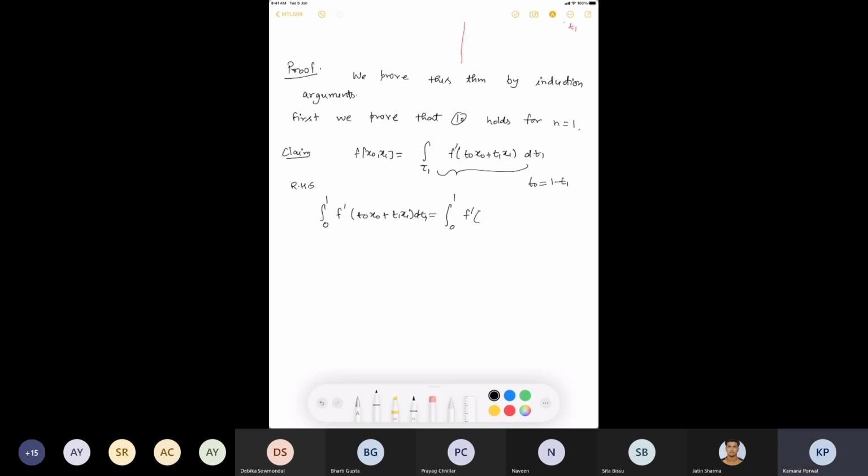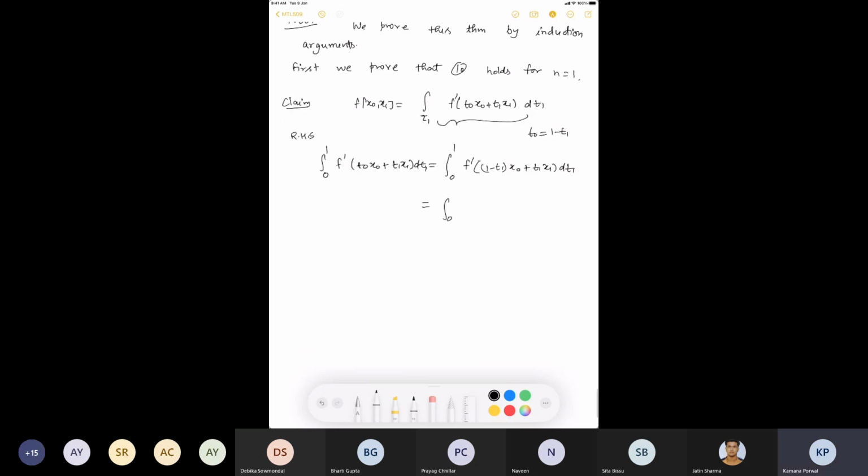I'm substituting t0 equal to 1 minus t1, and just combining the terms with t1. So I will get x0 plus t1 times (x1 minus x0) dt1.